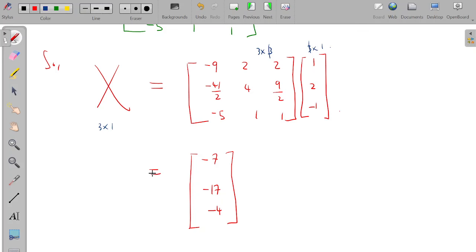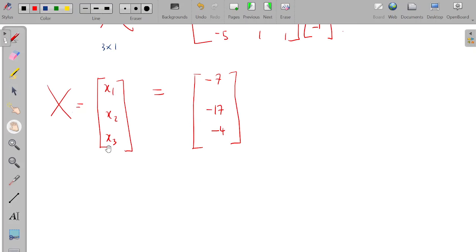Yeah, that's correct. So you see our x equals this. And what is our x? Our x is x1, x2, x3. So automatically, you can see this has the same size. And in equality of matrices, we can now say x1 equals negative 7, x2 equals negative 17, x3 equals negative 4.